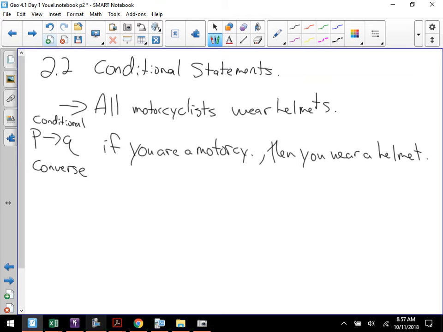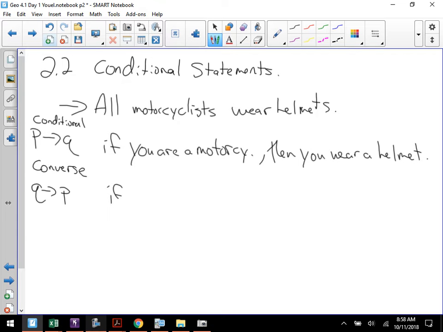Don't add words to it because it's going to mess up the rest of the statements. Watch what happens. Yes, ma'am. Correct. Now, remember, we did those 4 versions. You went conditional, P to Q, converse was Q to P. So you say this backwards. If you wear a helmet, then you are a motorcyclist.